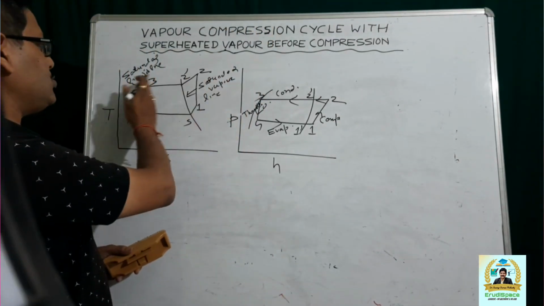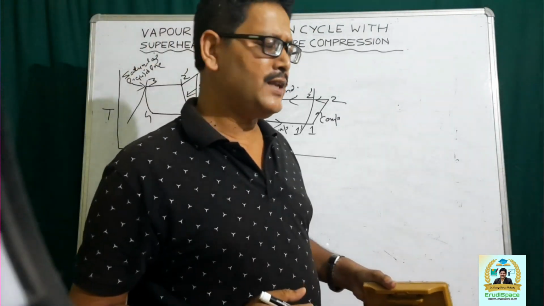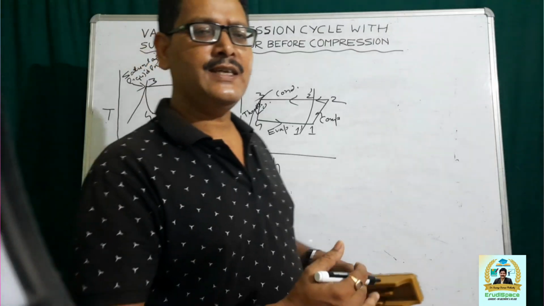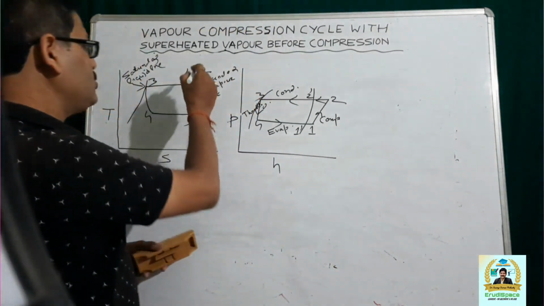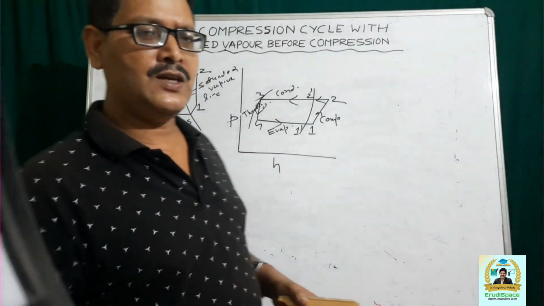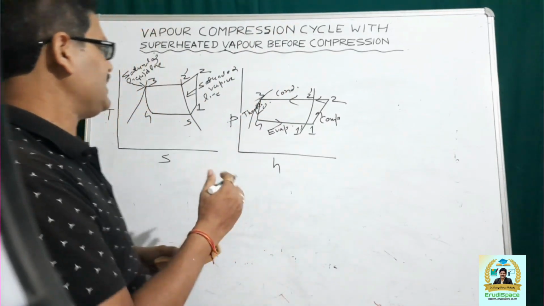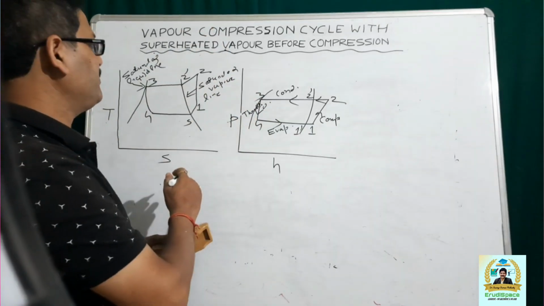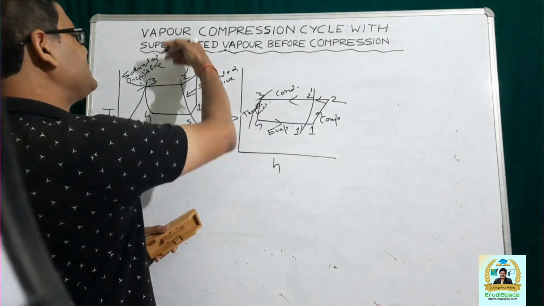After that it is taken to the condenser, and in the condenser the heat removal takes place in 2 stages. 2 dash represents the sensible heat removal, where the heat removal to the surrounding cooling medium takes place, and this is a sensible heat transfer.